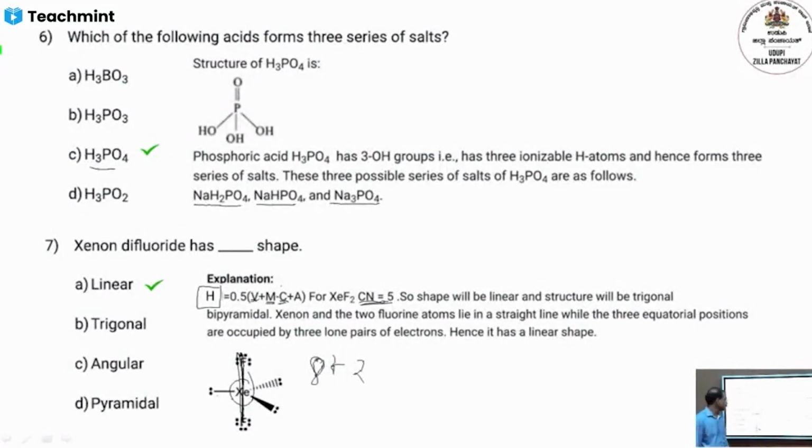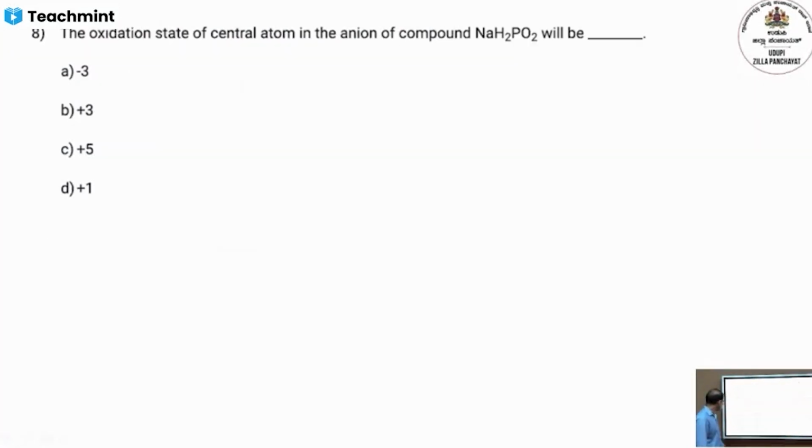The next one is the oxidation state of the central atom in the compound NaH2PO2. It's a very simple one. Sodium is +1, hydrogen is +1, so 2 into +1, plus x, which we don't know, plus 2 into -2, equated to 0.